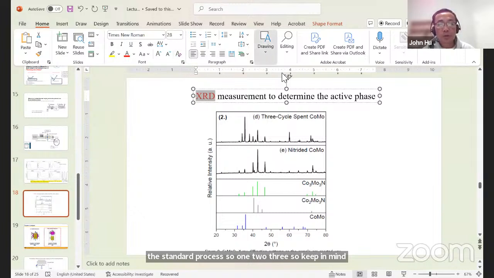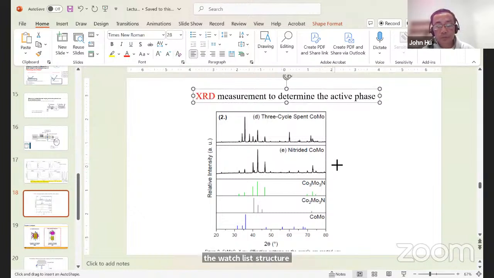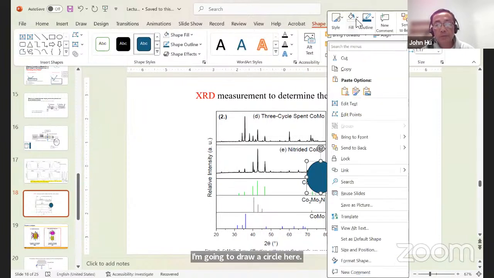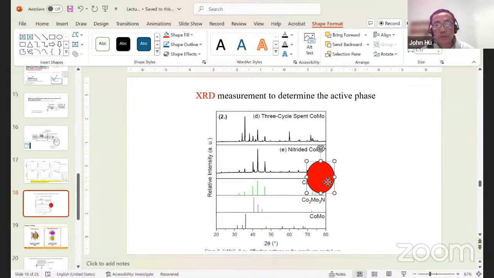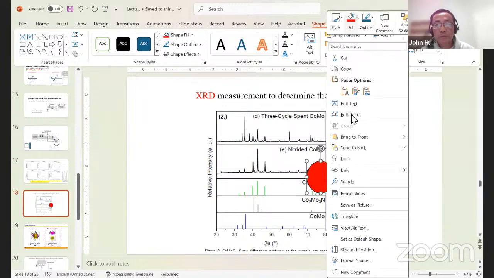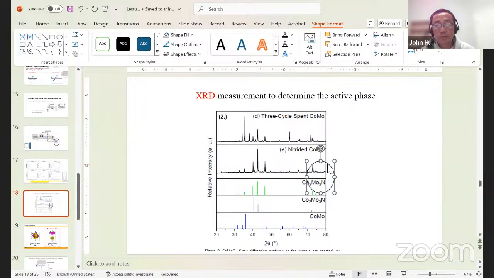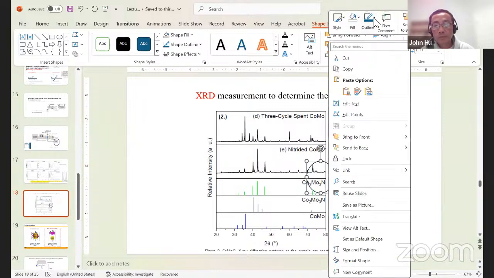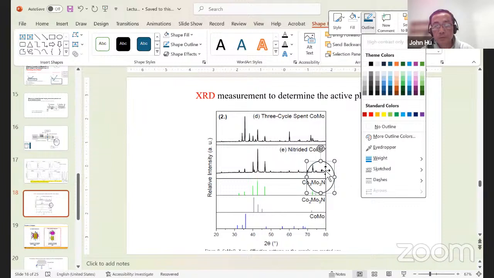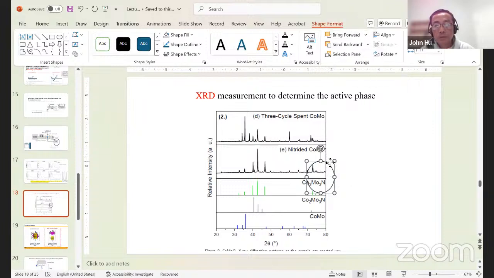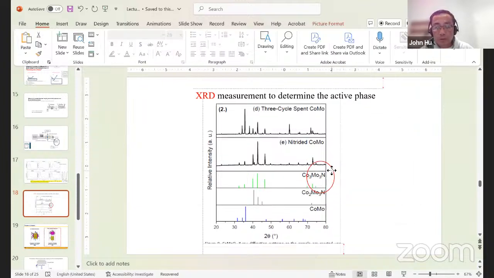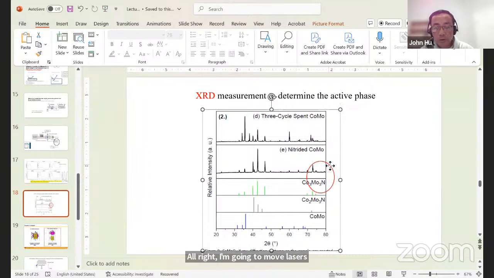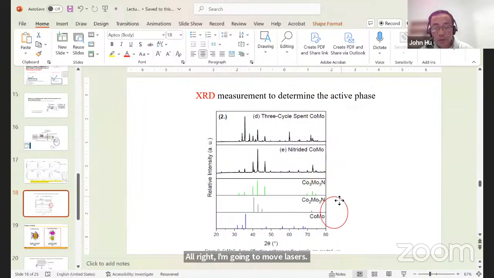I'm going to draw a circle here and move this circle around.